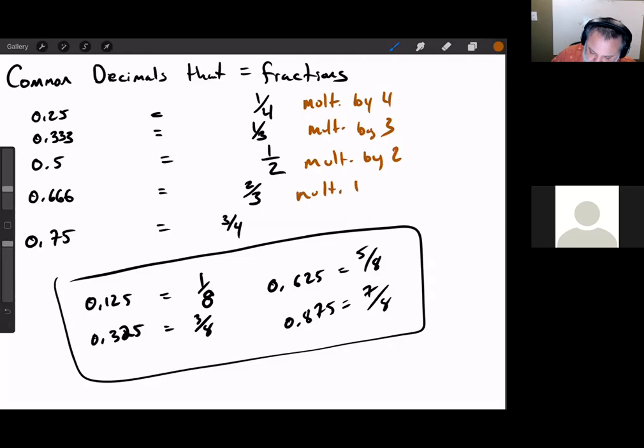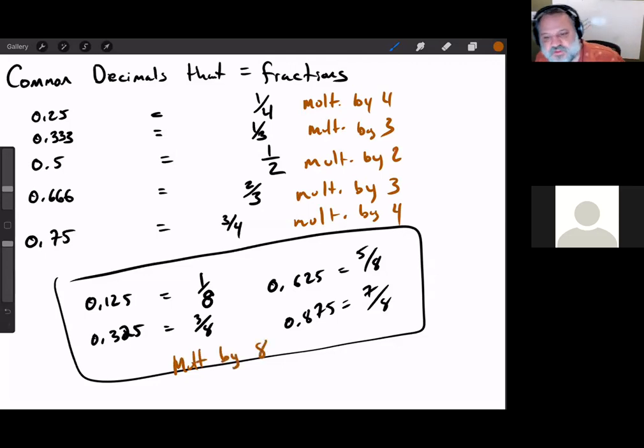Multiply by 3. Multiply by 4. And that gets us whole numbers when we do that multiplication. This one would be multiply by 8. But again, you won't really see a lot of those, if any at all.